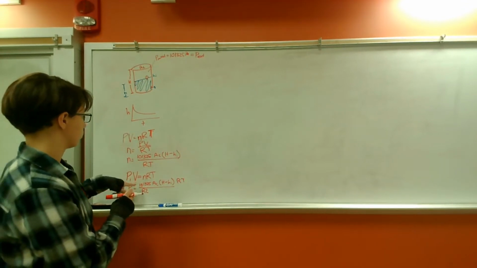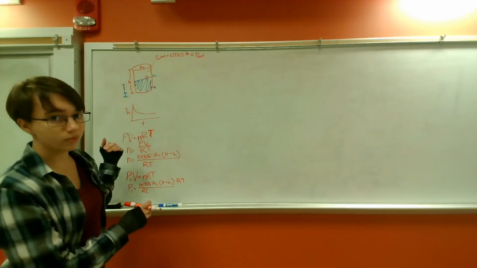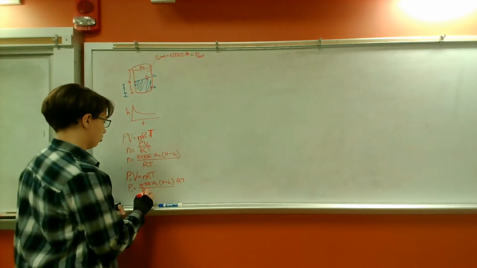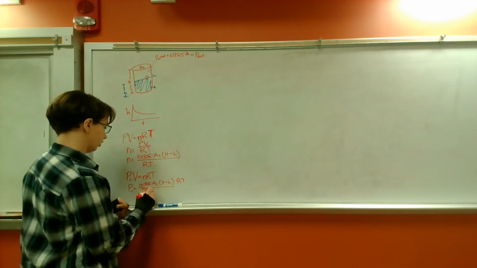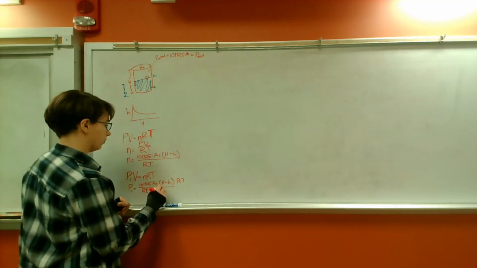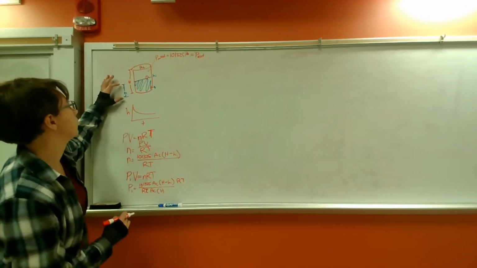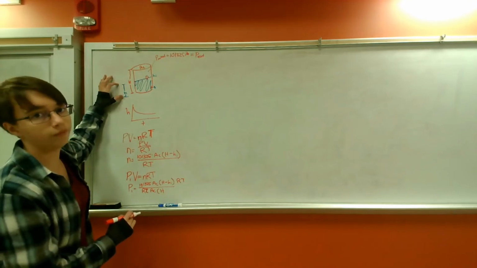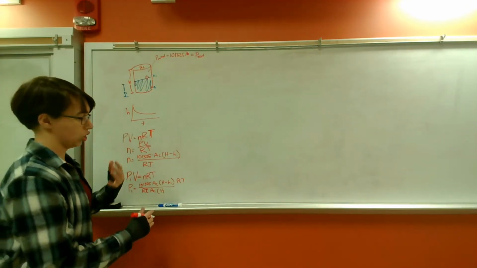This time, this is just the volume at 1, which is going to change based on the height of the liquid. So this is still going to be the cross-sectional area times capital H, but this time it's going to be minus this variable h that is changing.